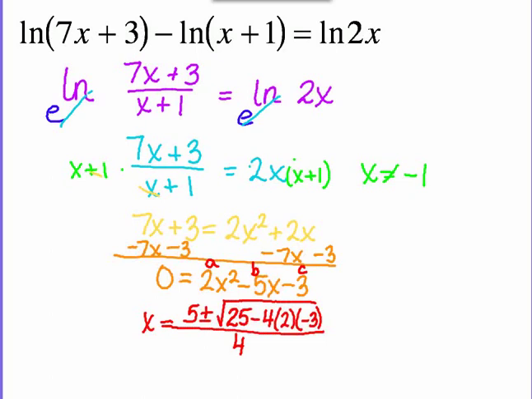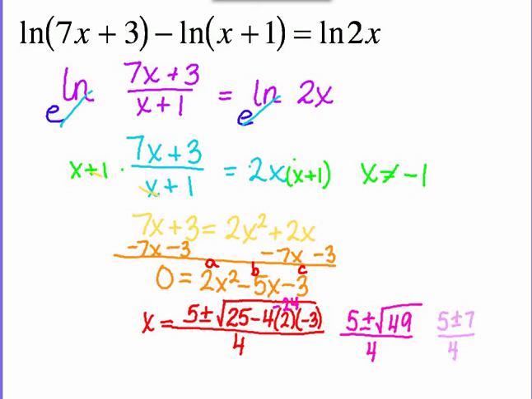So what is 4 times 2 times -3? -24. So what I end up having is 5 plus or minus the square root of positive 49 over 4. So I end up having 5 plus or minus 7 over 4.